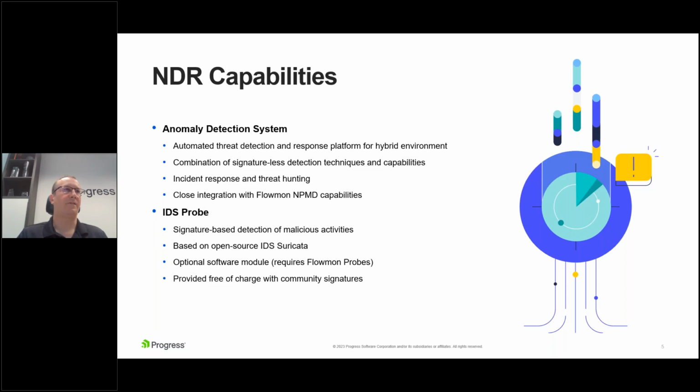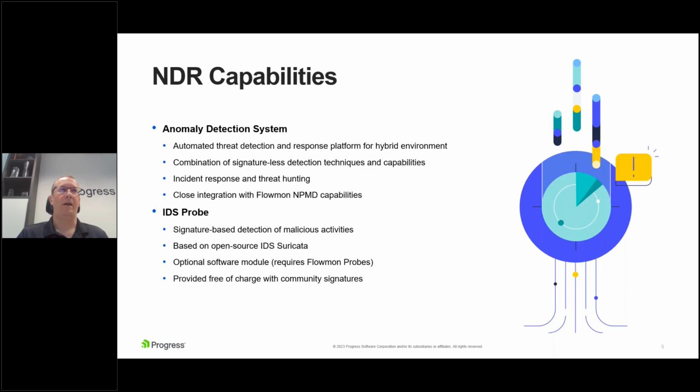We also have an additional capability called Flowmon EDS Probe, which is based on open source Suricata, and we provide this free of charge as a simple signature-based detection that comes with community signatures, and you can use it free of charge on top of Flowmon probes.